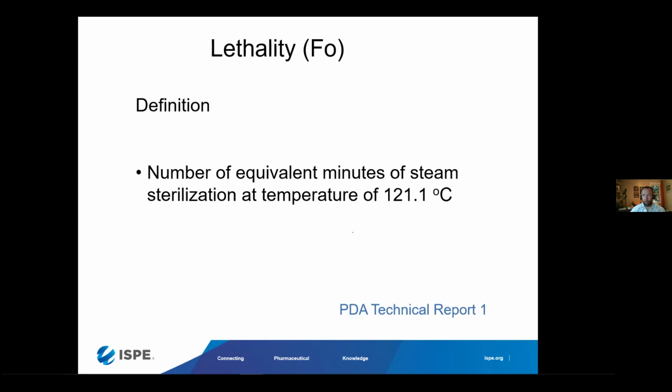And likewise, if you do not have a cycle that reaches that critical temperature of 121 degrees, you accumulate less lethal kill during that same amount of time. So you would need a longer cycle to kill. Okay, so that's really the fundamental concepts here with regards to steam sterilization as it relates to microorganism kill. We have the biological indicator, the microbiological kill, and now introducing the physical measurement with time and temperature within the autoclave.